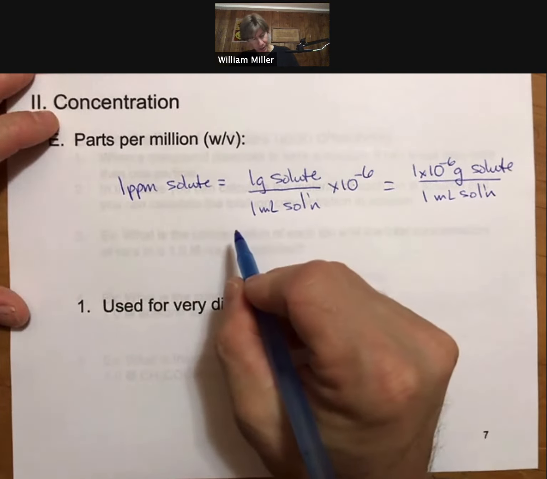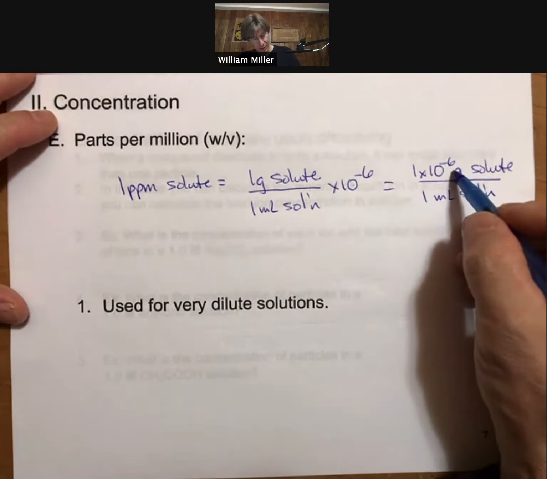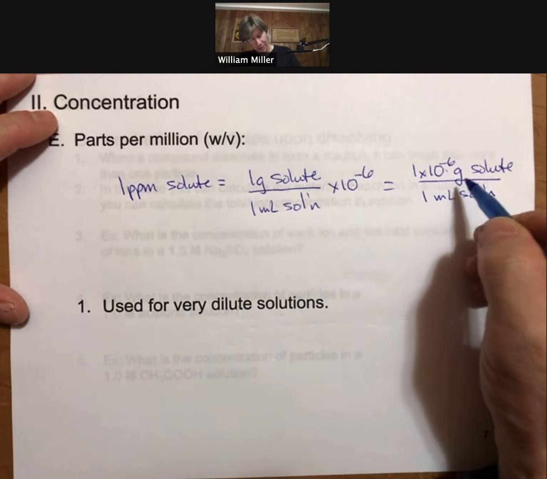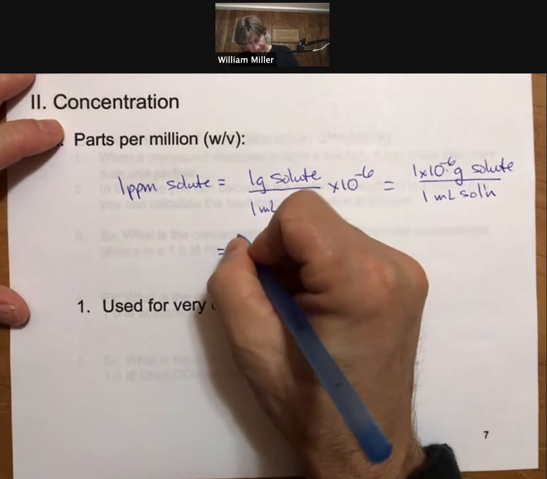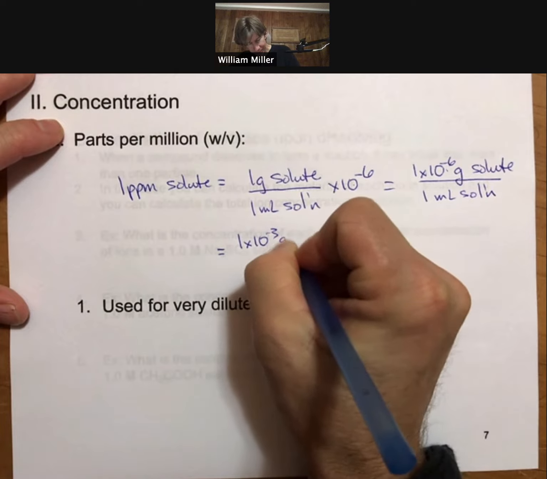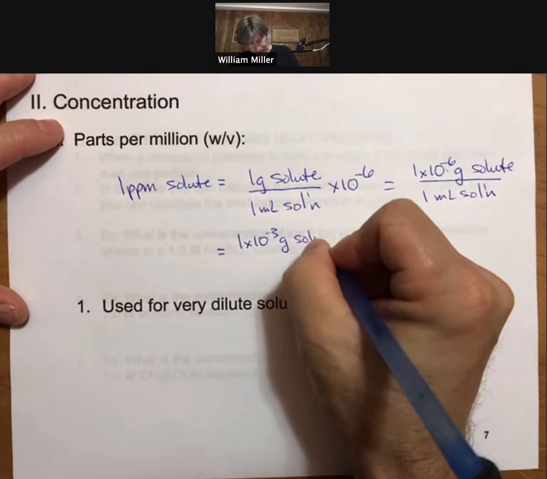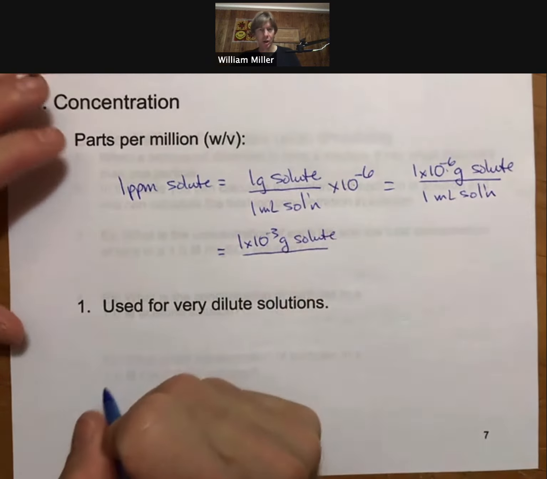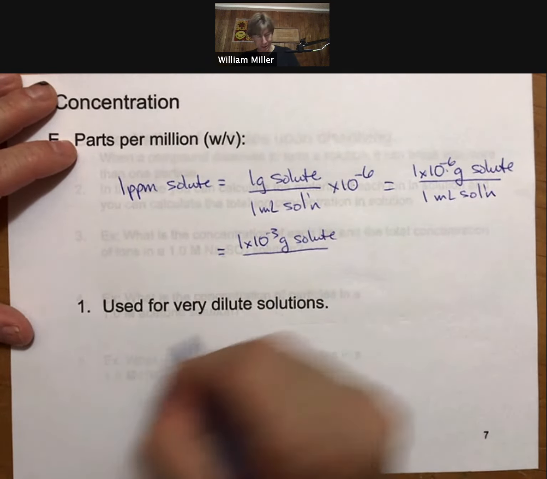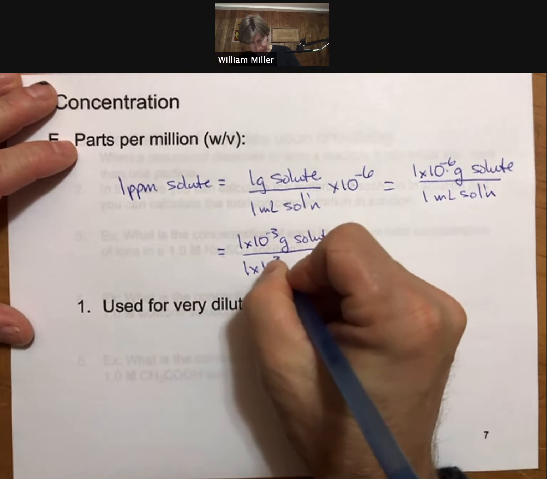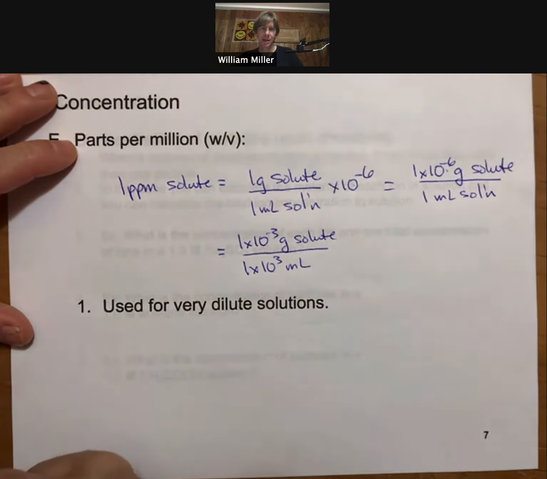Now, I'm going to do one other thing here. Instead of doing this, you can, in another way, do 1 times 10 to the minus 3 grams of solute over 1 times 10 to the 3 milliliters of solution.